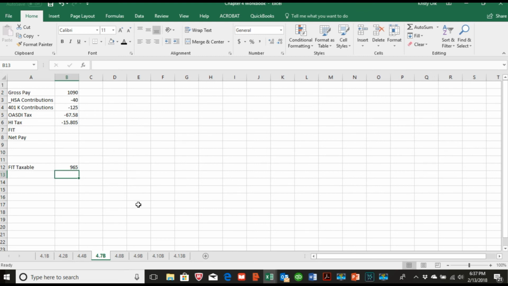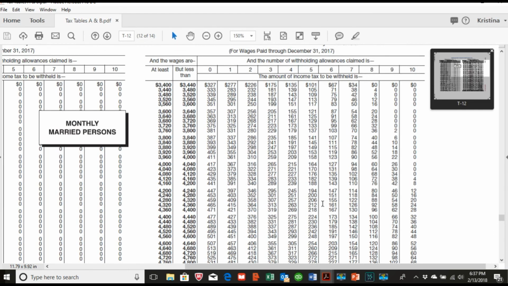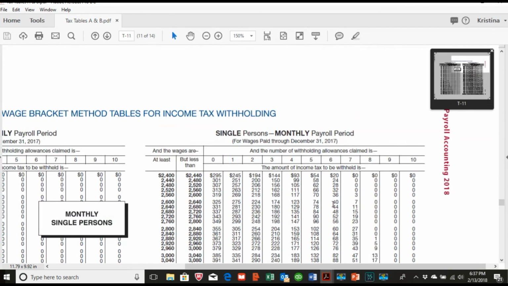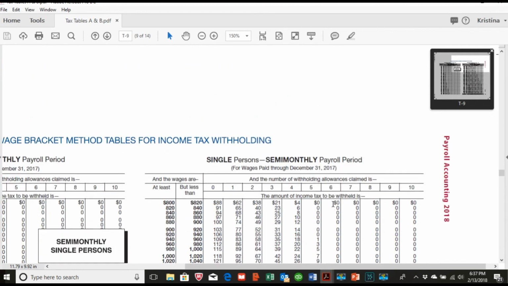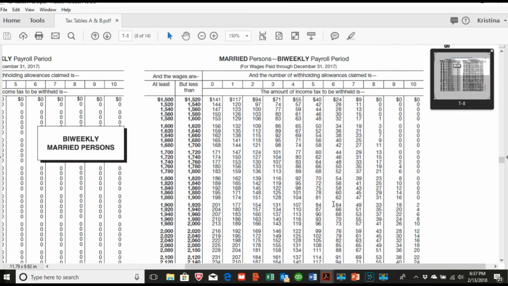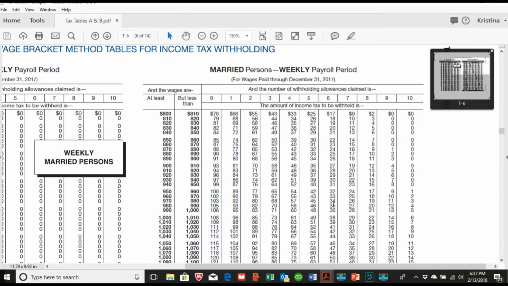We're going to use the wage bracket method. So let's pull that one up. And she's married with 2. So this is weekly, semi-monthly, let's keep going, bi-weekly, look, we found weekly.